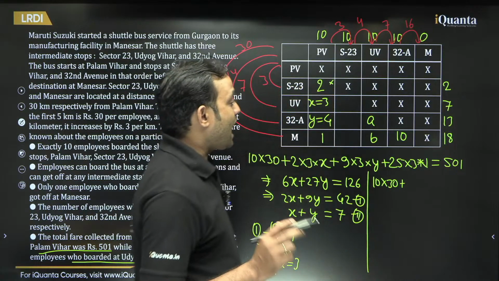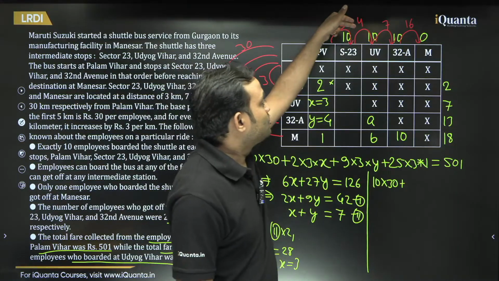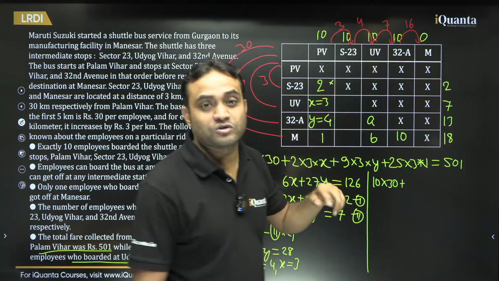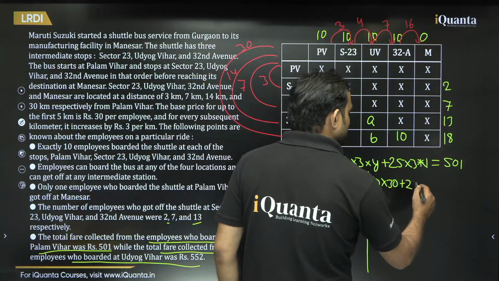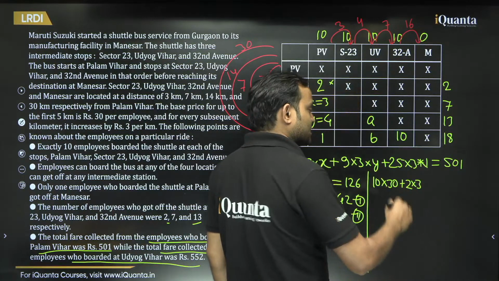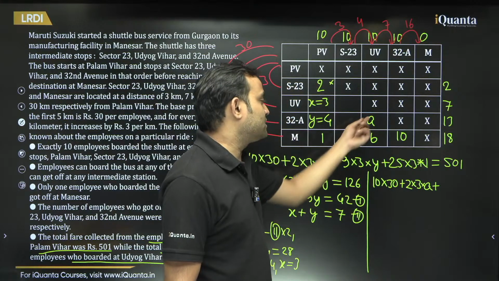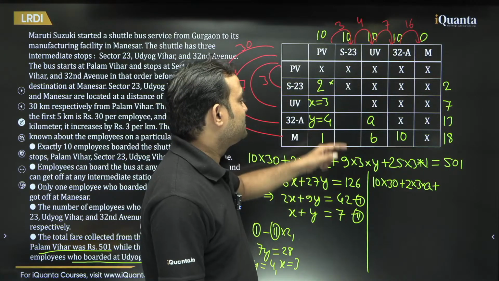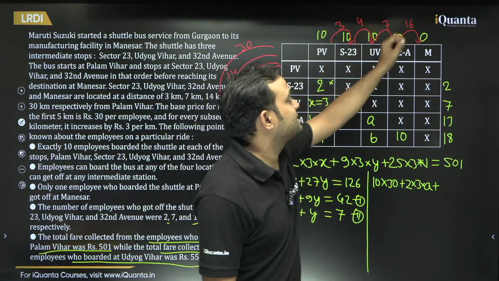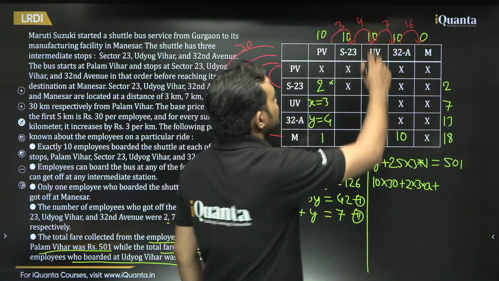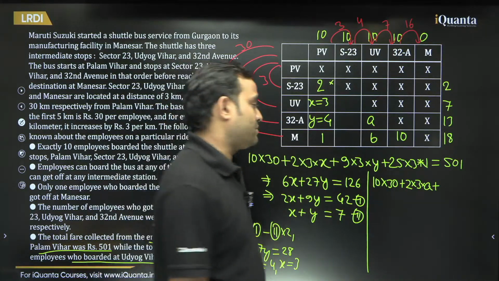But after that, these A employees from Udyog Vihar to 32nd Avenue, the distance is 7 kilometer, means 2 kilometer extra. So 2 into 3 rupees per kilometer into A. This will be the extra fare for these persons. For these B, from Udyog Vihar to Manesar, how much is this distance? 7 plus 16, 23 kilometer. 23 minus 5 is 18.